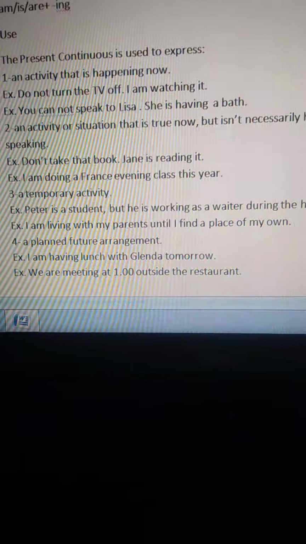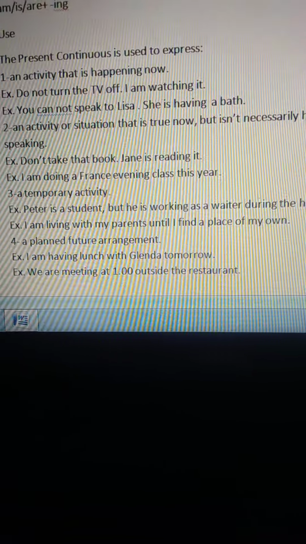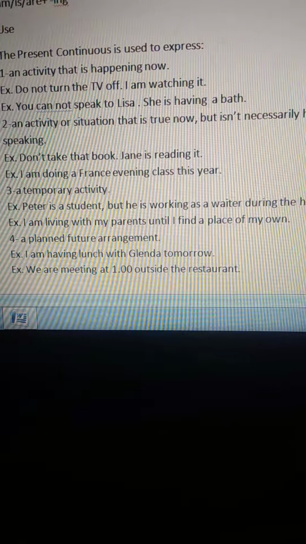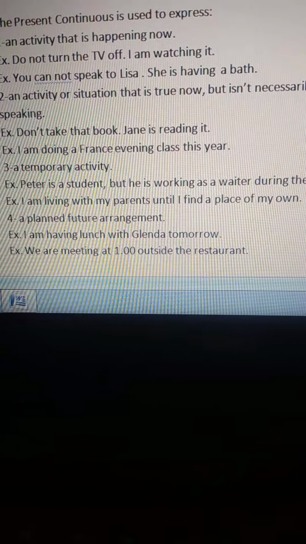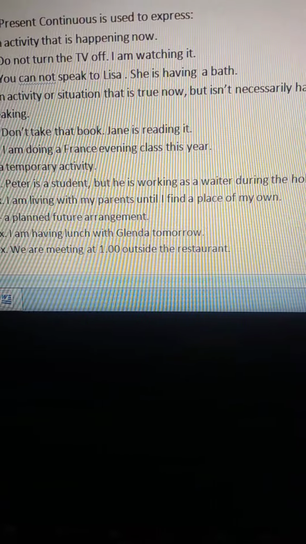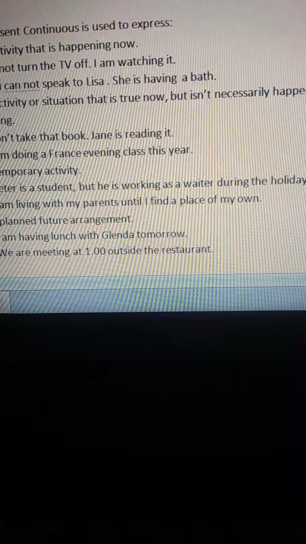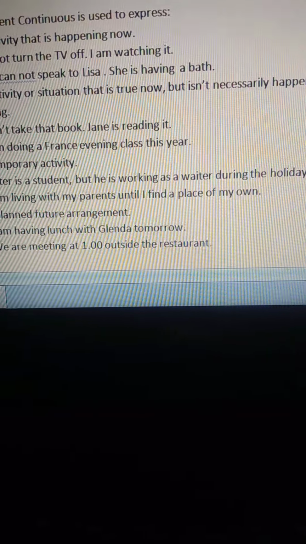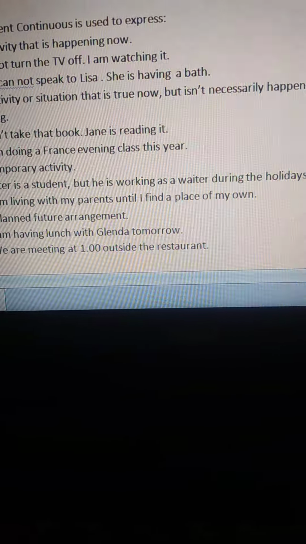Number three, a temporary activity. The first sentence: Peter is a student, but he is working as a waiter during the holidays. Grammatical structure: he is working.